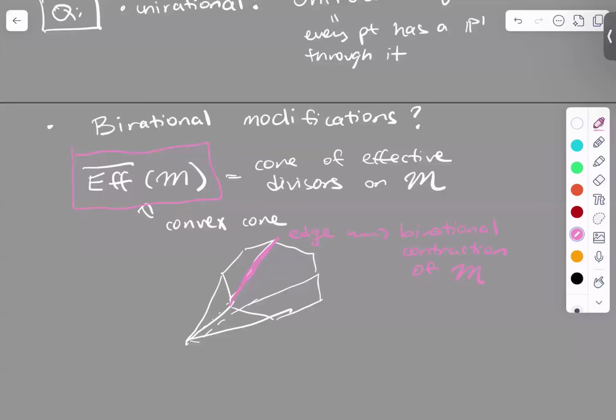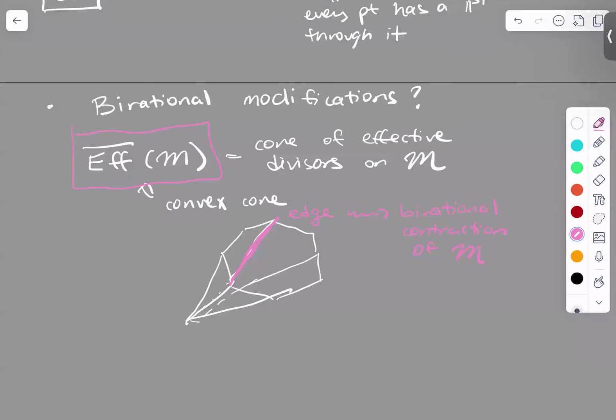What's an edge? I think there's a way to formalize it, but one way to say it is that it's an extremal ray. An extremal ray in a cone says that, call my edge E, if V plus W is in E, then E is extremal if V and W are both in E. It's one-dimensional, in particular.